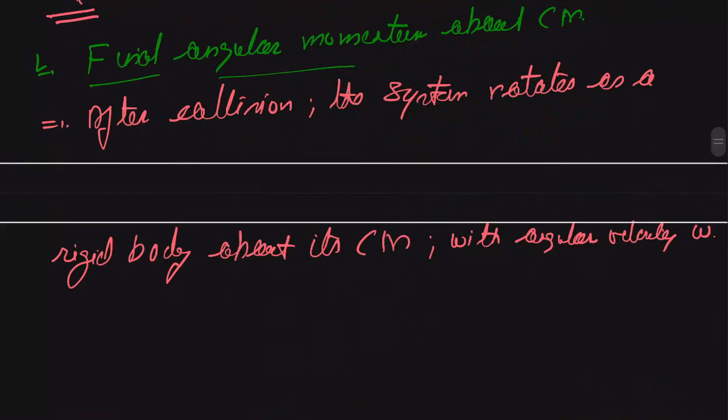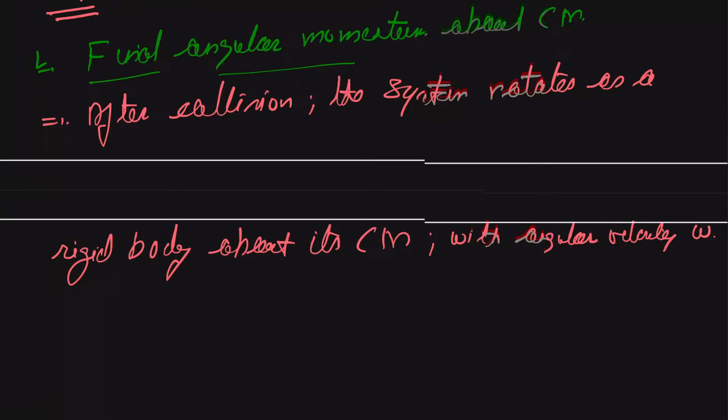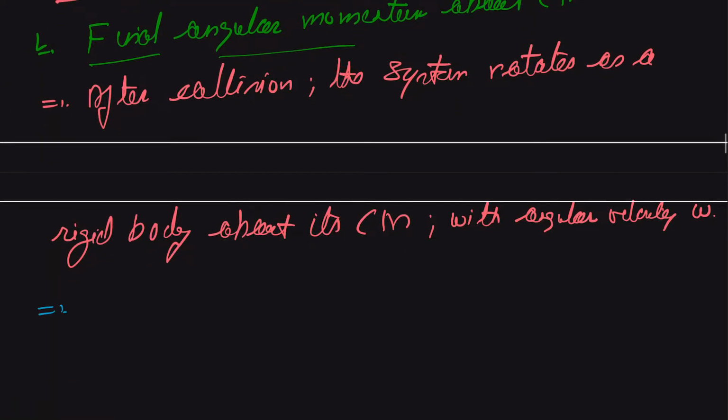So our final angular momentum will be equal to the moment of inertia with respect to the center of mass times omega. This ICM is of the entire system.